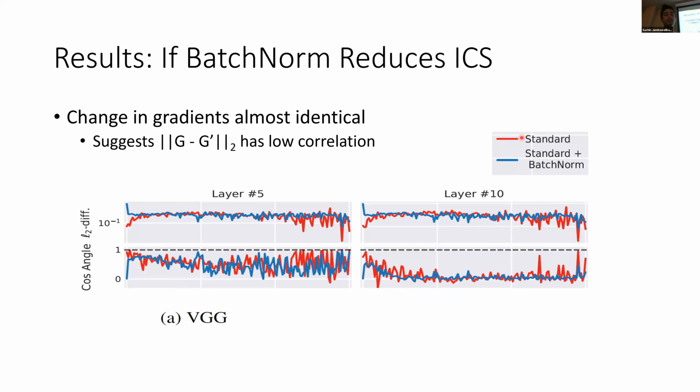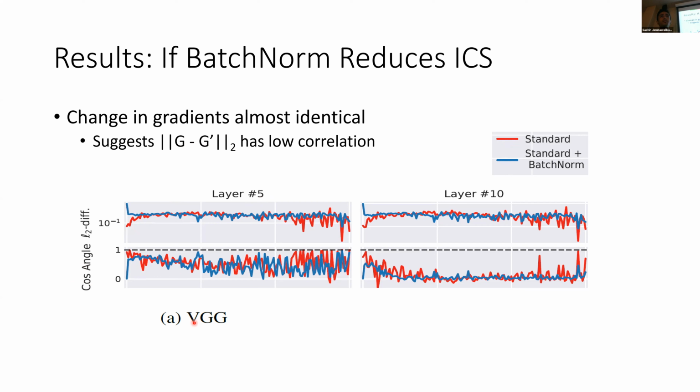Here the red one is the standard network, blue is the network with batch norm. And the L2 difference between G and G prime, which measures the difference between two subsequent steps, is almost identical. And the second column is the cosine angle, which is also similar.